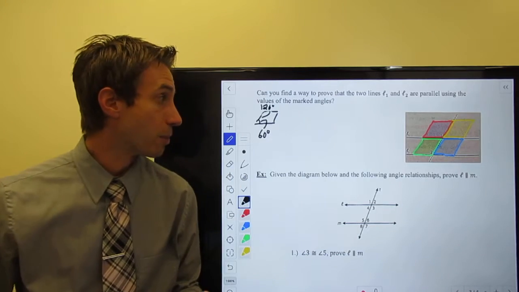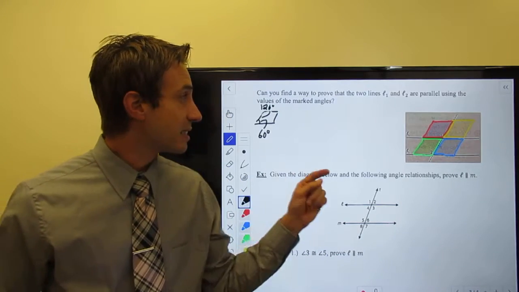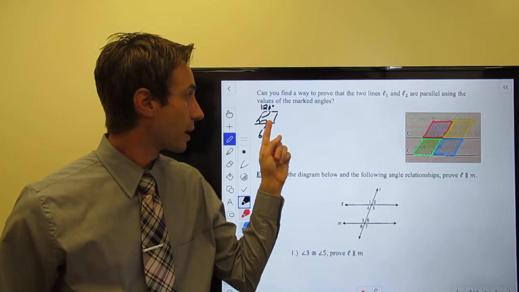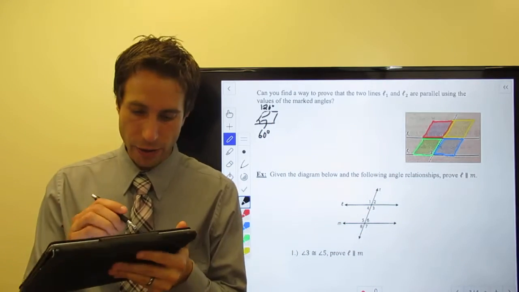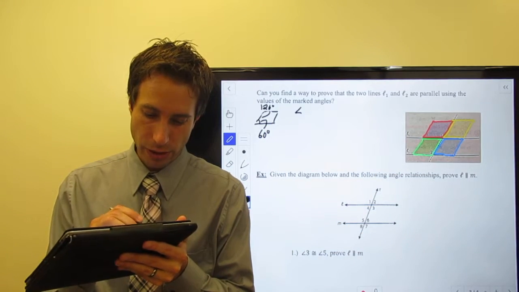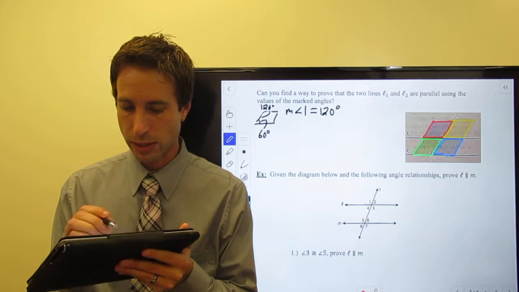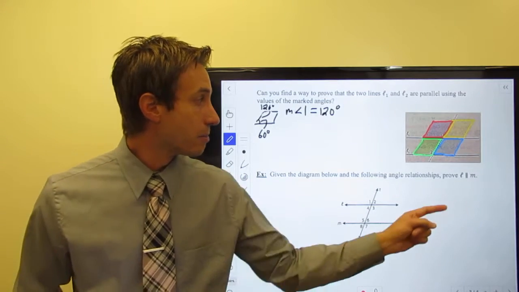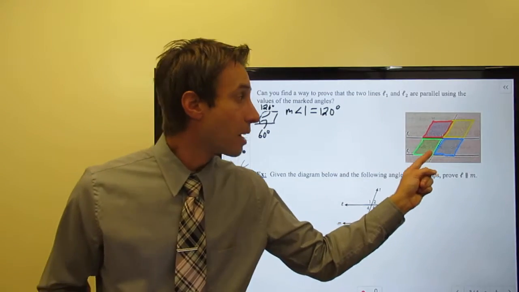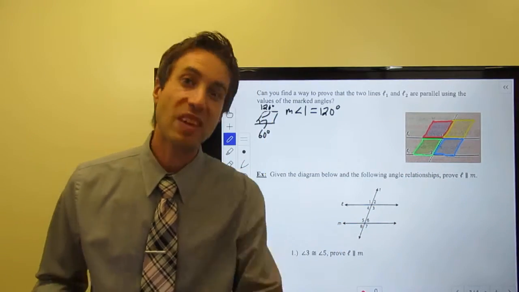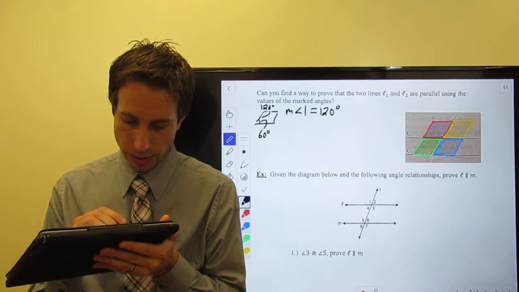That means that angle 1, that guy right there, has to be 120 degrees. So I know the measure of angle 1 is 120 degrees. I know that the measure of angle 2 must also then be 120 degrees.